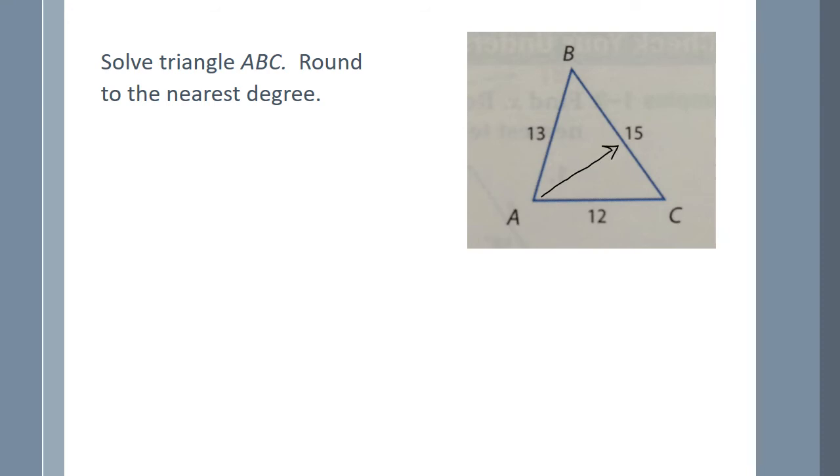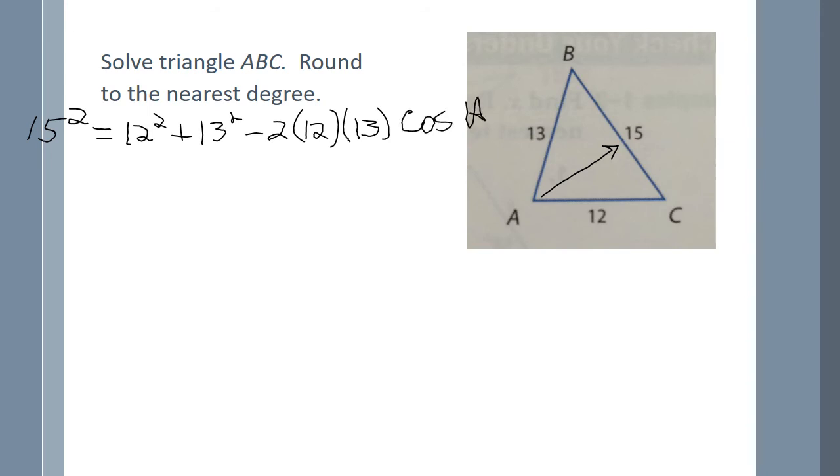So 15 squared equals 12 squared plus 13 squared minus 2 times 12 times 13 cosine of A. We're solving for A.